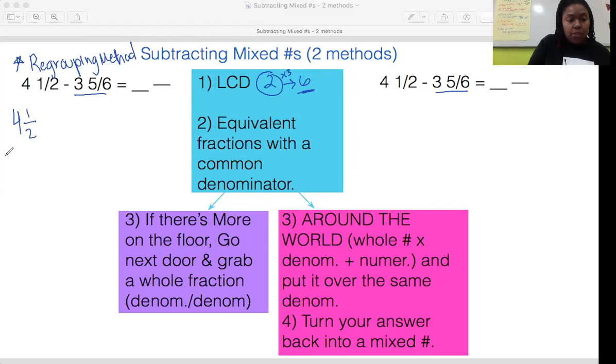I like to stack mine because I can see it easier. As we change them, our whole numbers are going to stay the same, remember. Oh, sorry, not 4, 3. So whole numbers stay the same, and this one stays the same because we're already in 6. 3 and 5/6, right?